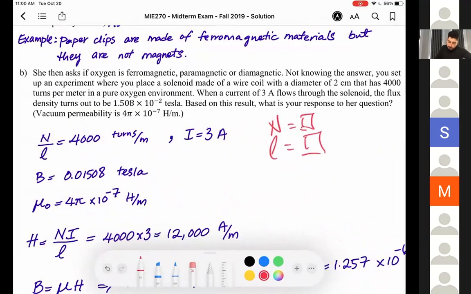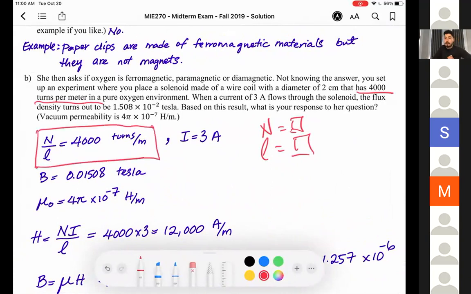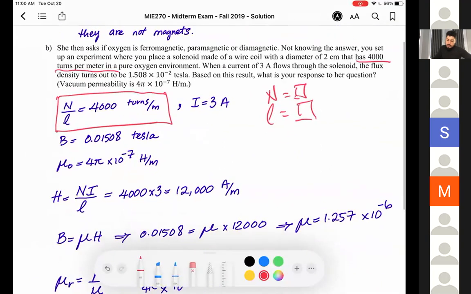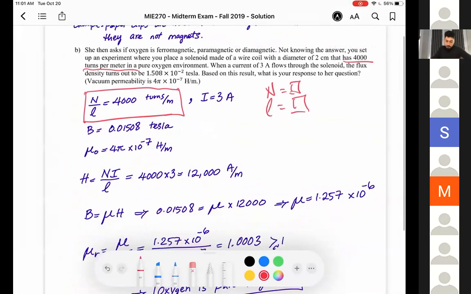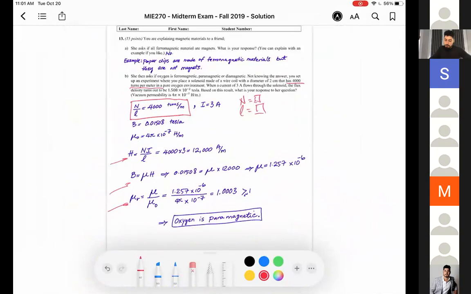In this problem, she gave you the turns per meter, meaning she gave you N over L. So everybody was freaking out saying that they did not have a value for length and this problem was not able to be solved, which is false because she just presented the information differently, but everything you needed was given to you. Okay? And as you can see, it's very trivial. It's plug and chug after that. All right?